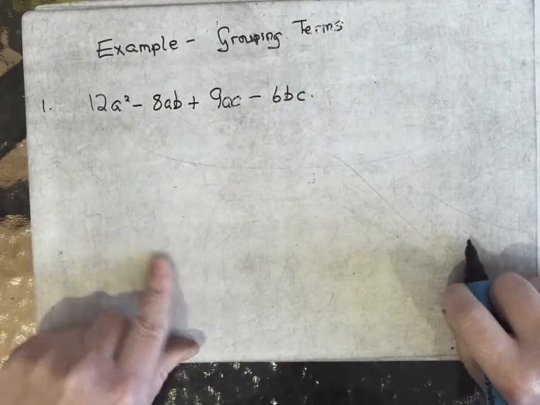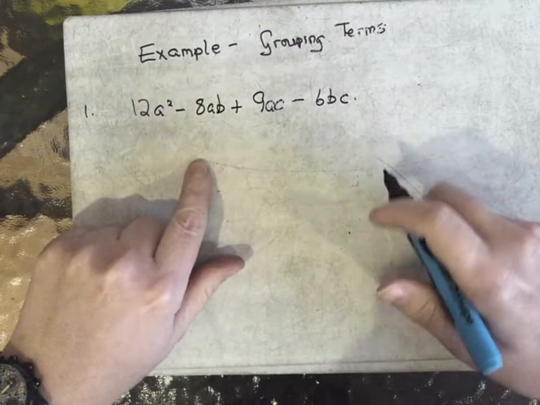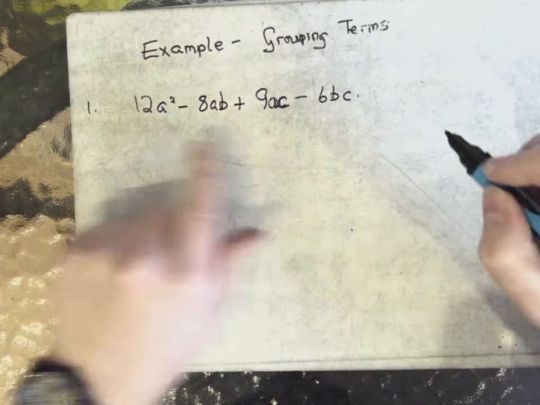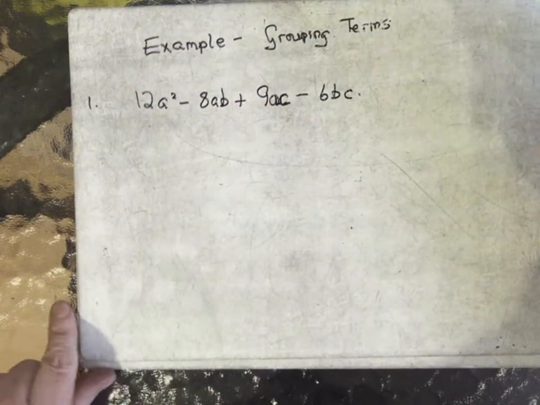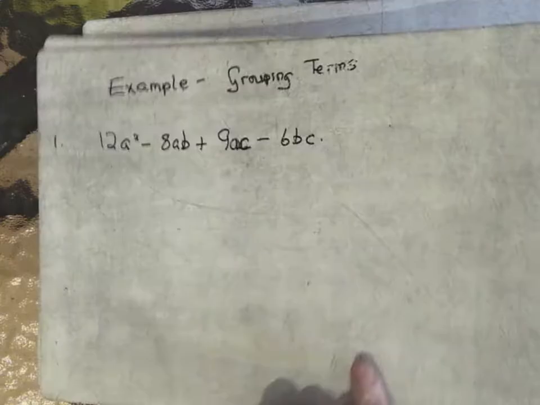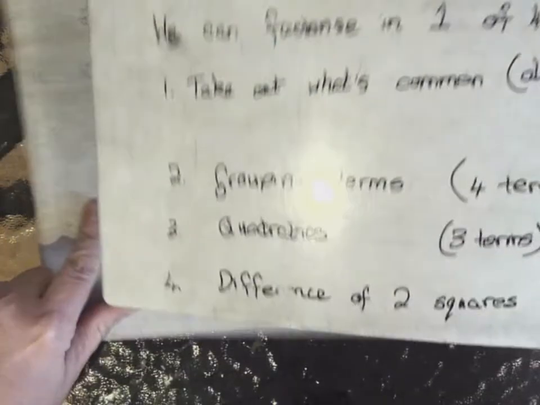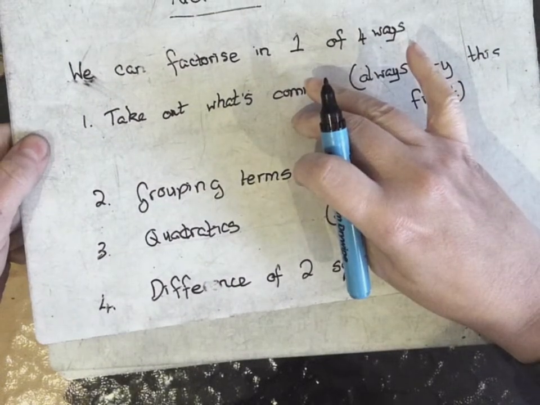Now, if you have something like this, you try and take out what's common. You look and you see there's nothing common to the whole line. So that means it's one of the other 3 options. If I go back to this, there's nothing common, so it's not number 1.